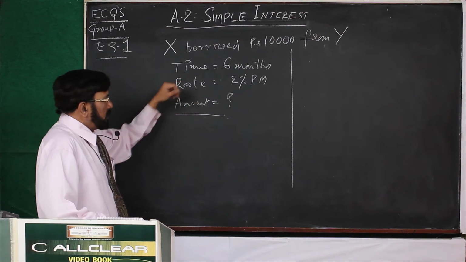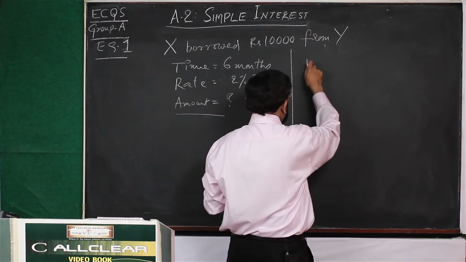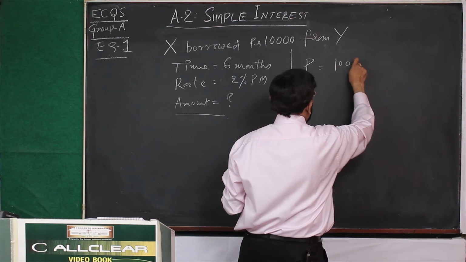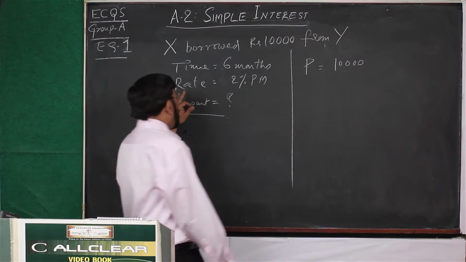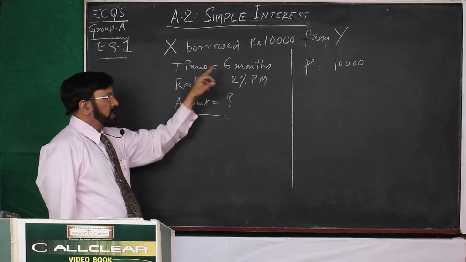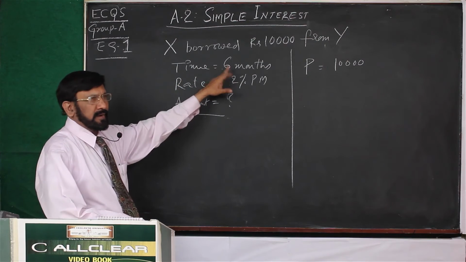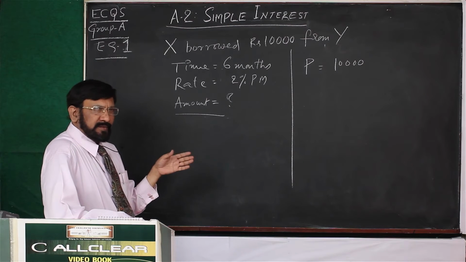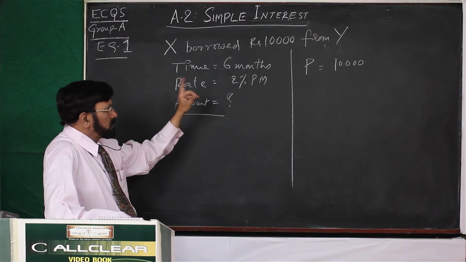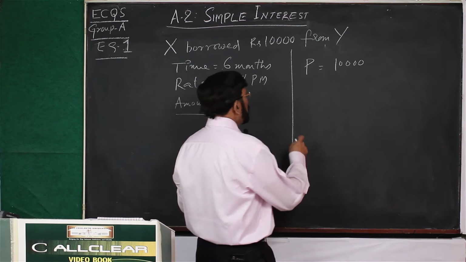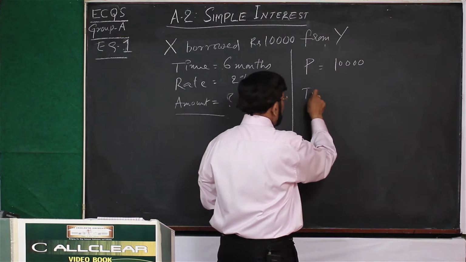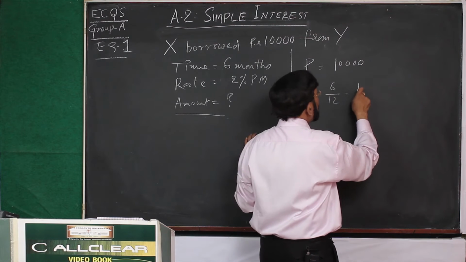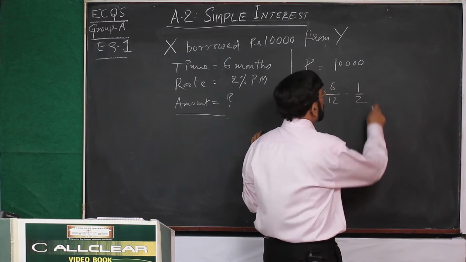Now, that is P, rupees 10,000, and time is given in months. Already I told you, time may be given in months or days, anything. Ultimately, you have to convert them into years. So, here time is 6 by 12, that is 1 by 2 year.